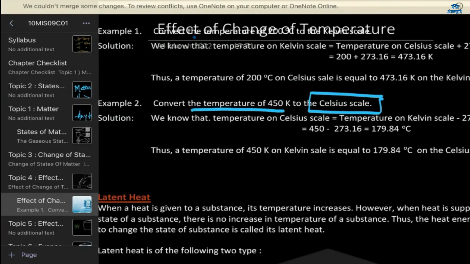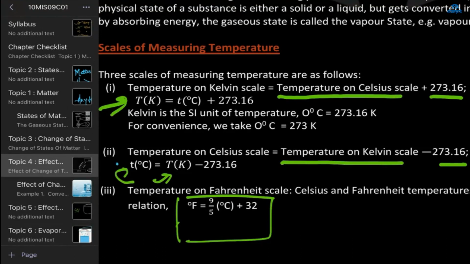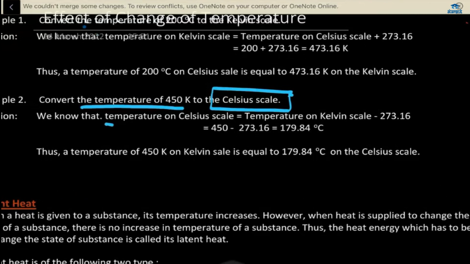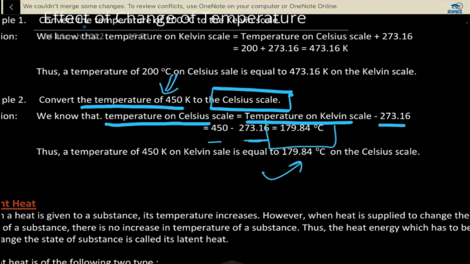Since it is asking for Celsius, we will apply this formula: Celsius is equal to temperature on Kelvin minus 273.16. Temperature on Kelvin is already given, which is 450 Kelvin, minus this temperature. So you are getting this much in Celsius.